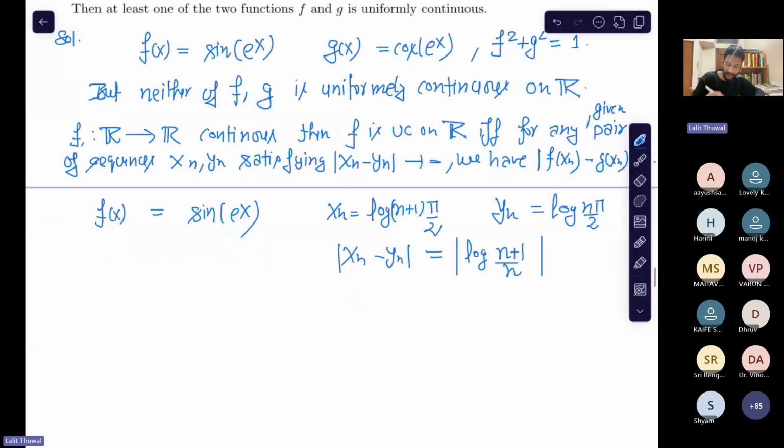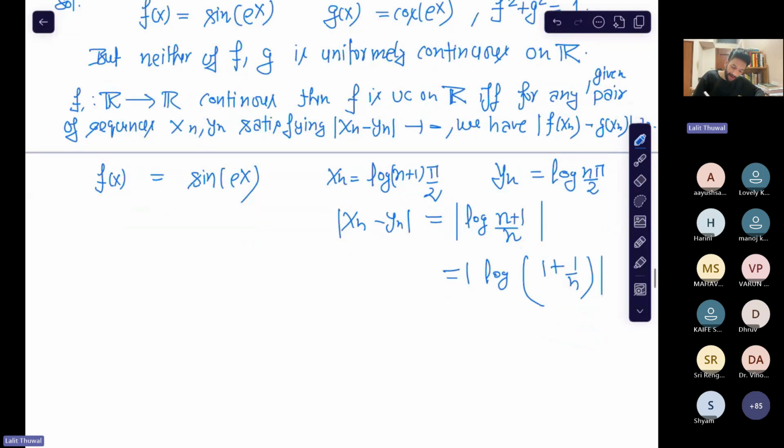How? Just take n common and see that n tends to infinity. So log of 1 plus 1 by n goes to 0, as n tends to infinity, because this sequence tends to log 1, and log 1 is 0.